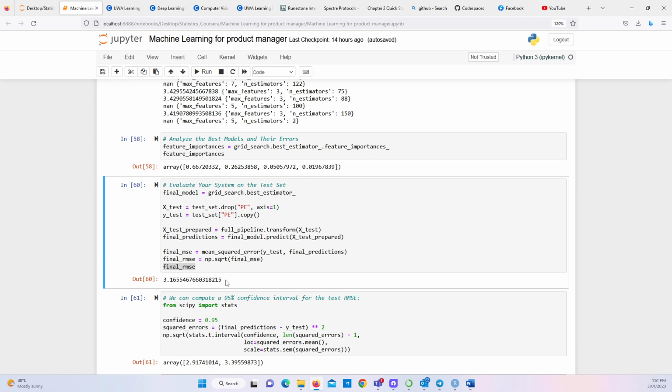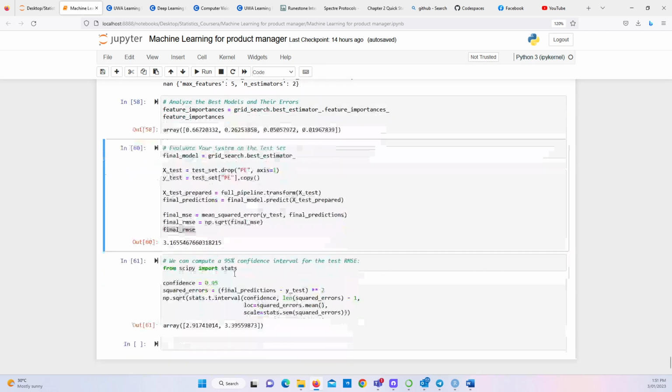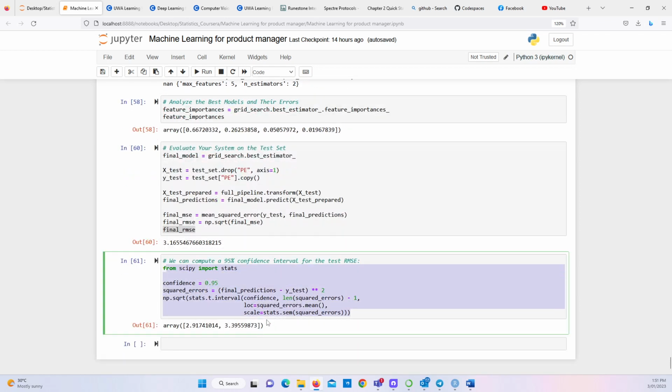I can say it's smaller, better than linear regression and decision tree. And I can also compute the 95% confidence interval of this, which is not really huge. So 2 to 3 is not really far.